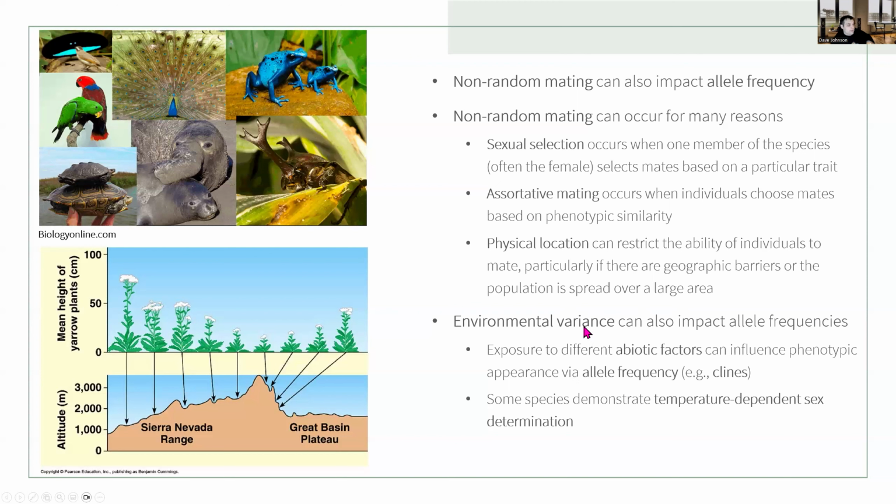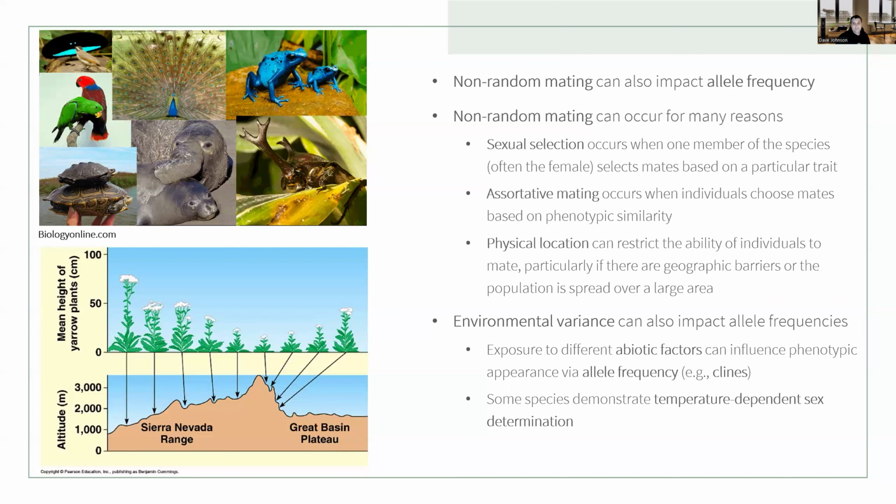The fish down in the southern portion of the Mississippi vary significantly in phenotypic appearance from those significantly further north, because the quality of the water changes, right? So we do see changes in allele frequency in those populations, and environmental variance might contribute to changes in allele frequency within a population depending on where you're looking.